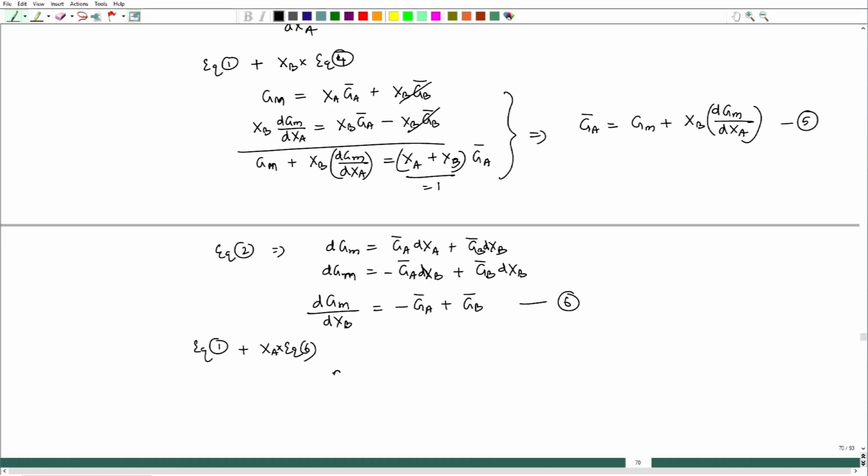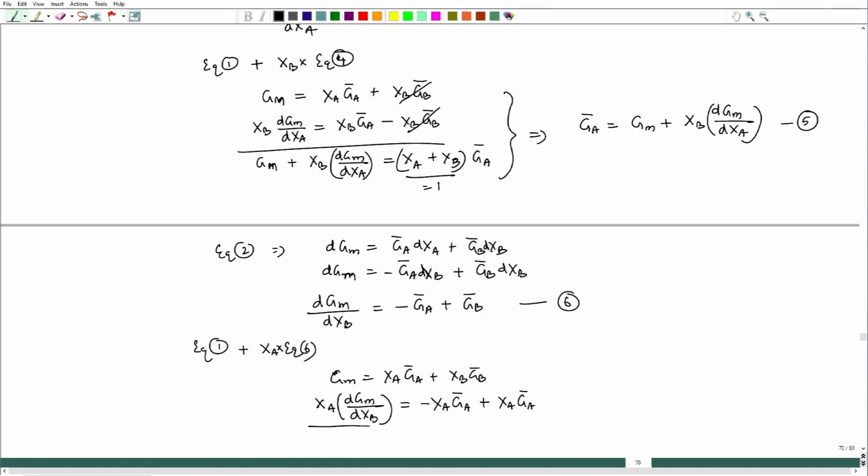So, we get GM equal to XA GA bar plus XB GB bar, and then here we get XA minus XA plus XA, fine.